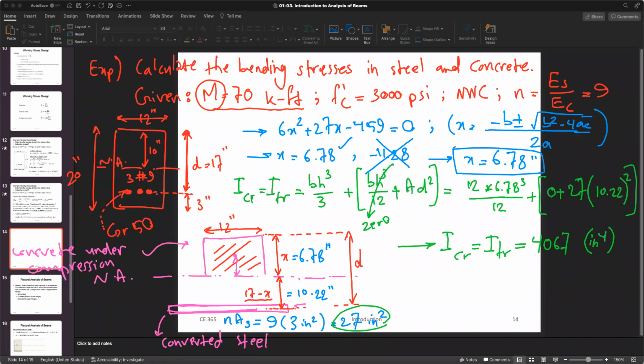Now that we have reached this point, let's find the bending stresses. Let me erase this. I don't want to erase the whole thing though.